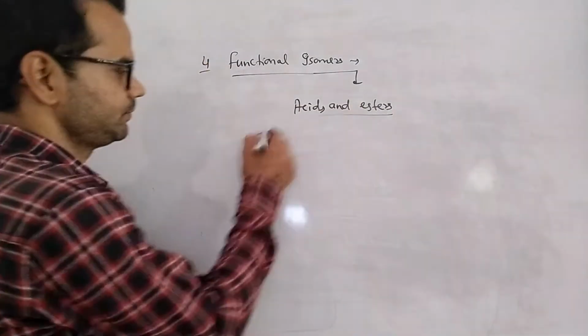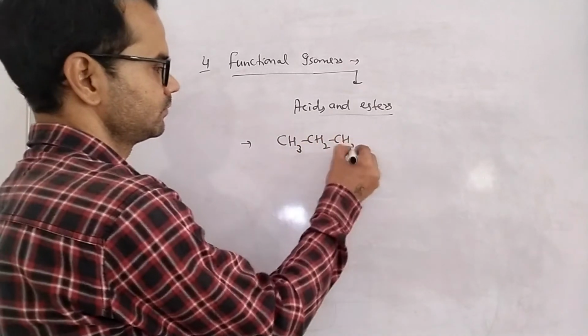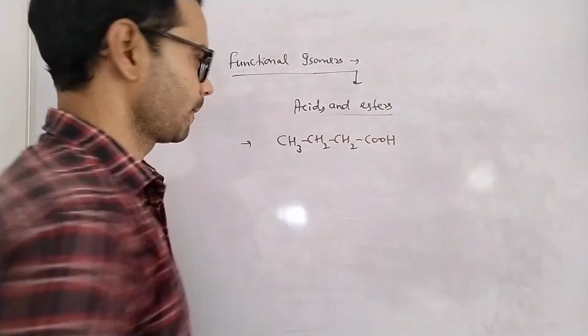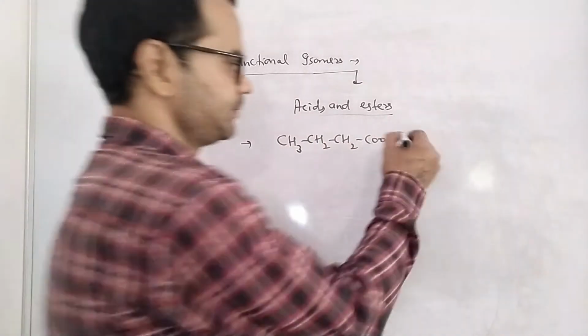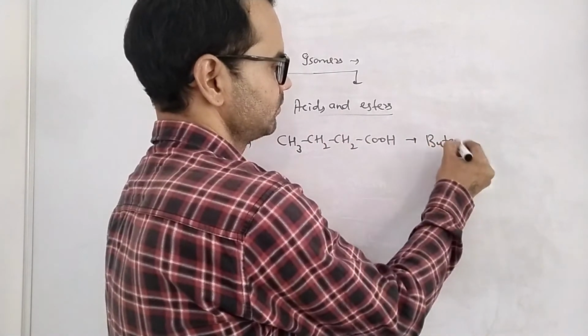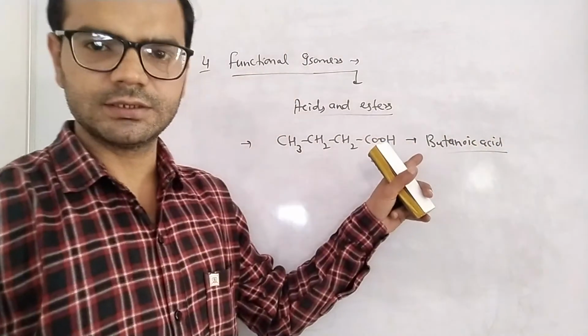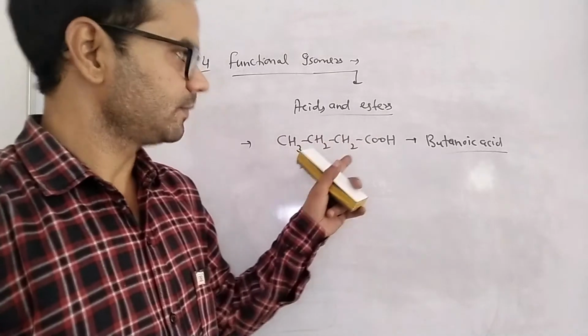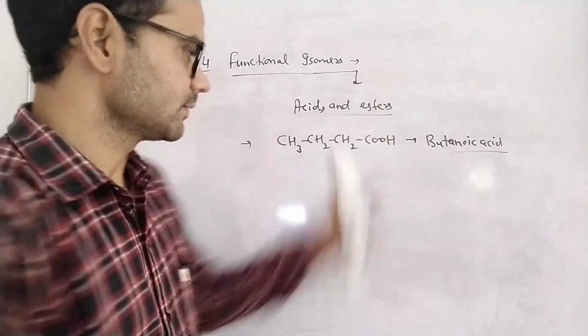For example, we have a 4-carbon acid, that is butanoic acid. But these 4 carbons can be represented with a different functional group, that is ester.